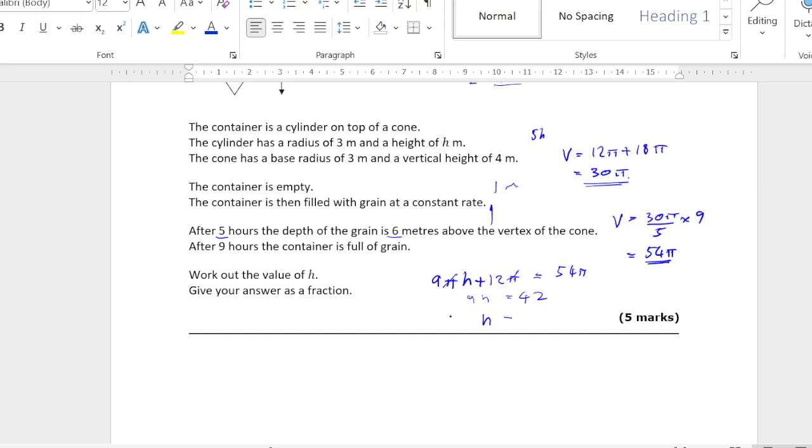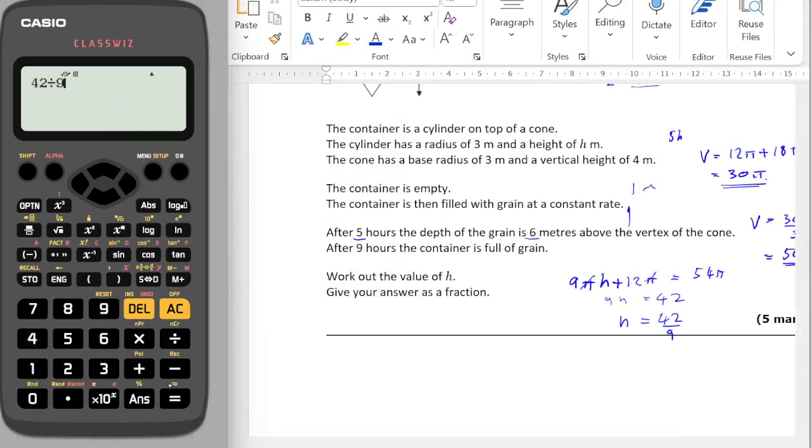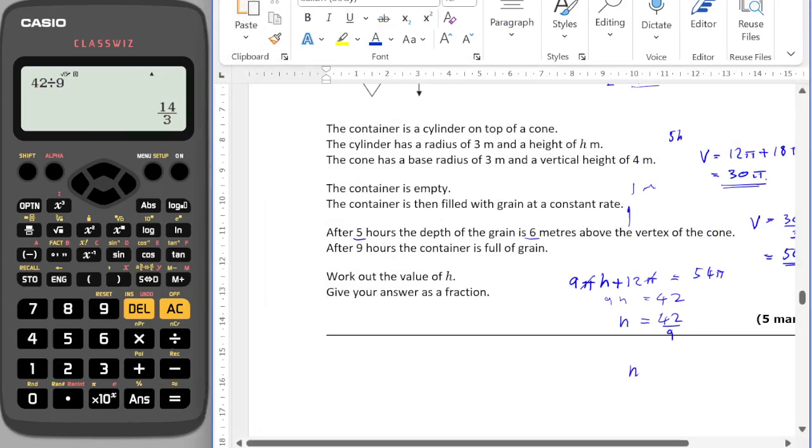So the height is going to be equal to 42 divided by 9, which is going to be 14 over 3. So the height is going to be equal to 14 over 3. And I'm going to leave my answer like that.